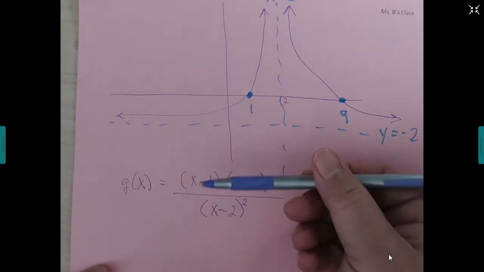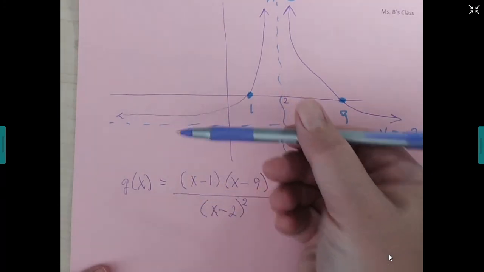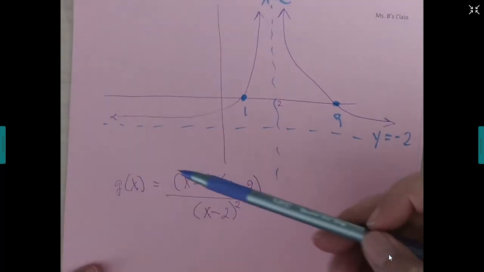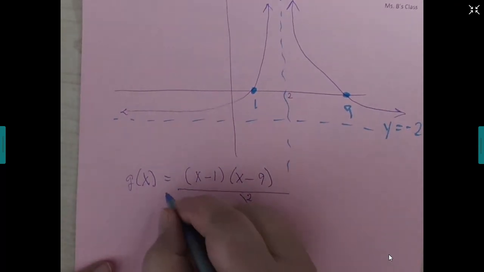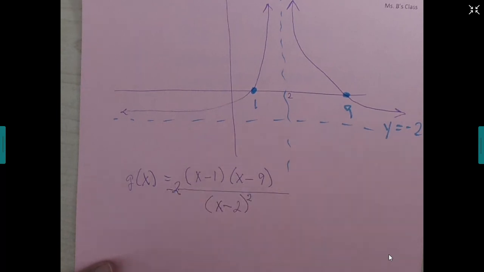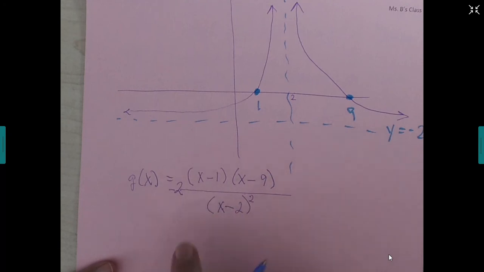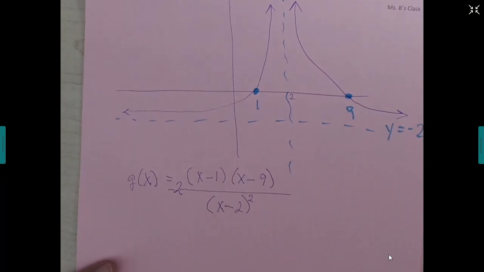So degree of numerator equals degree of denominator, which means we have this horizontal asymptote. What is that number telling you? If this horizontal asymptote is at y equals -2, that means that's the coefficient of this function right here. So now you just completed a function. You wrote it from this graph right here.